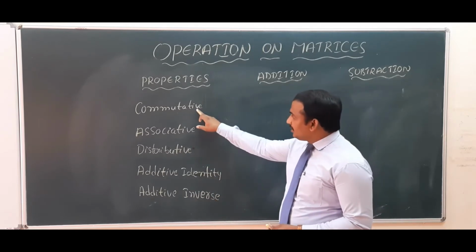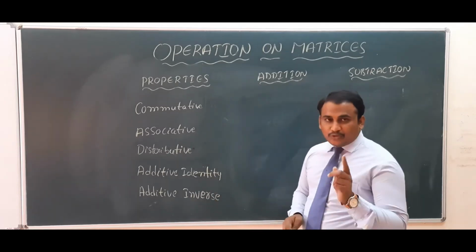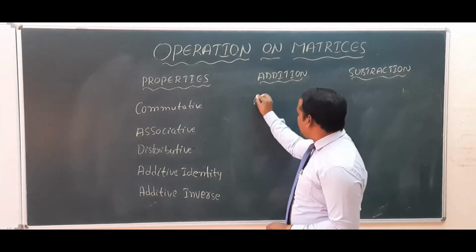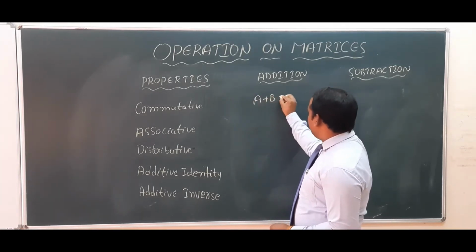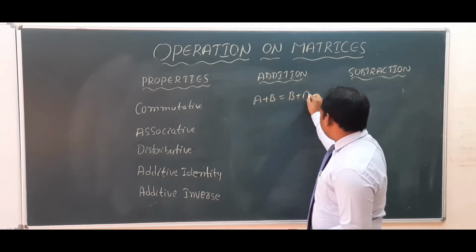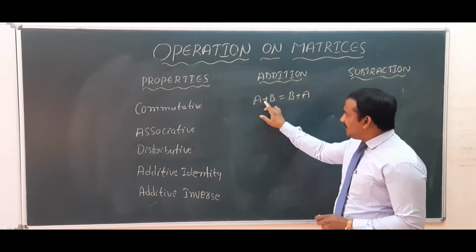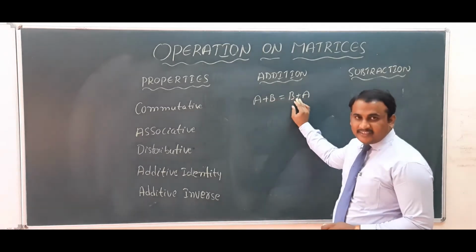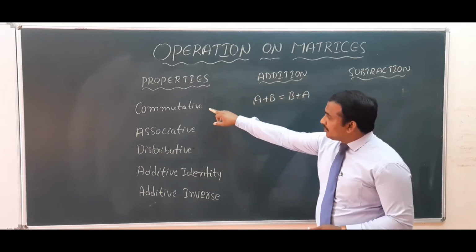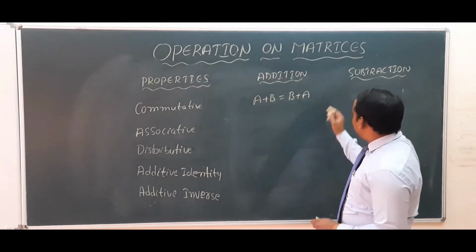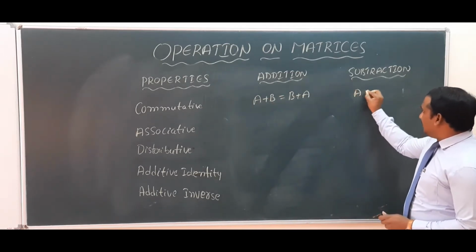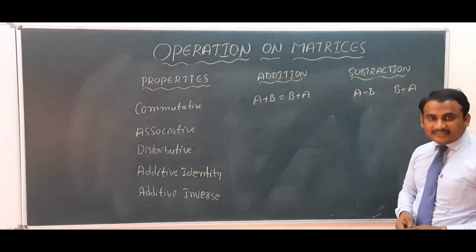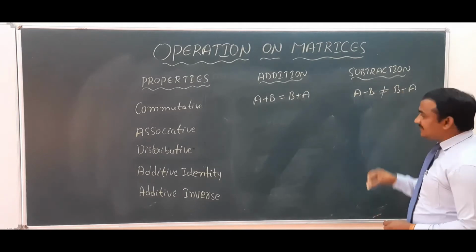First, commutative. If A and B are two matrices, then A plus B equals B plus A. That means the sum A plus B, or if you reverse it, B plus A, both answers will be the same. So the commutative law holds in addition. Check the same thing for subtraction: A minus B and B minus A, both answers will not be the same. That's why it does not hold in subtraction.